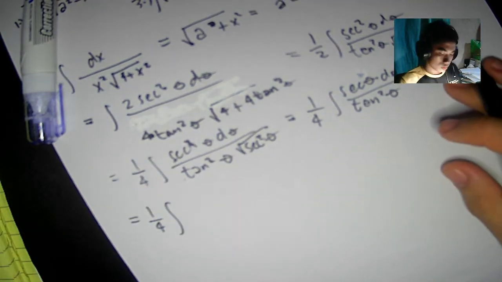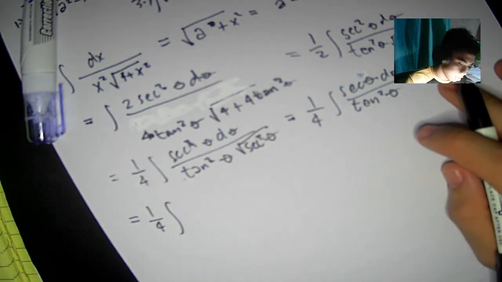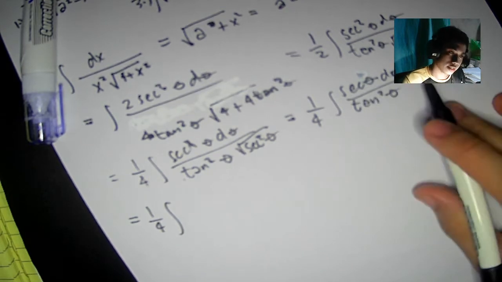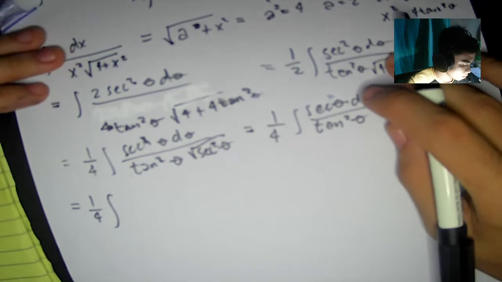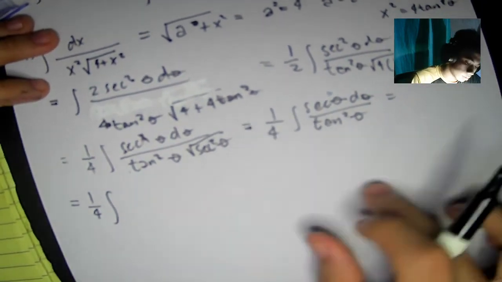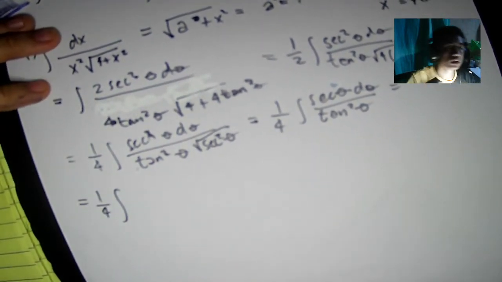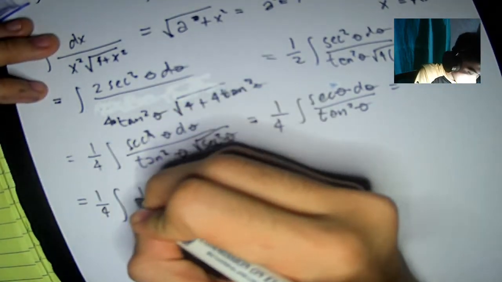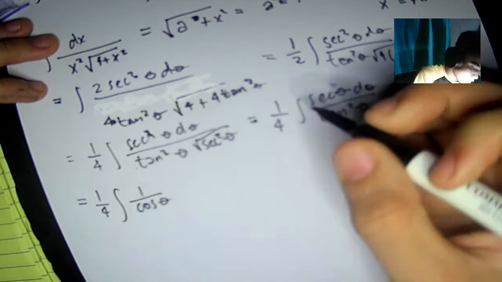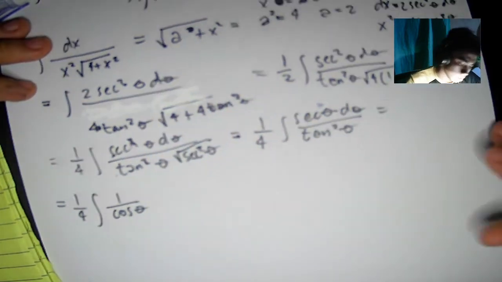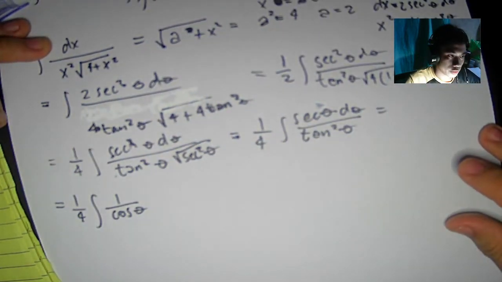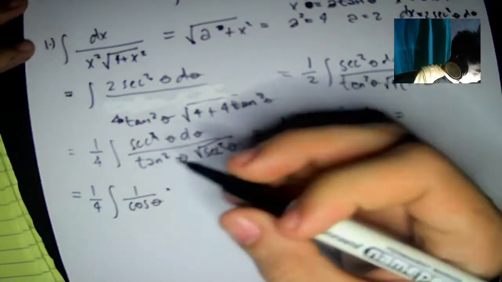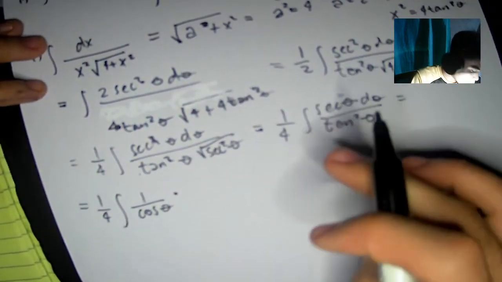The reciprocal of secant squared theta d theta, secant theta is 1 over cosine theta. Am I right? Yeah, I'm right. Times the reciprocal of tangent.